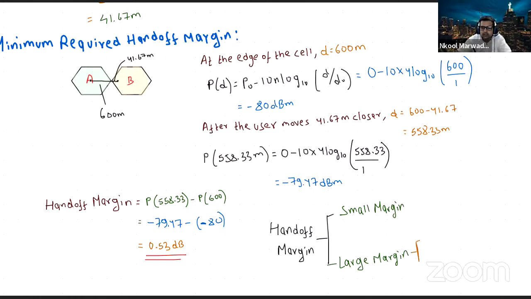The larger the margin, the more easily and efficiently the handoff will take place. So it is favorable for handoff. But on the other hand, since it is so favorable, we might have early handoffs, and early handoffs mean ping pong handoffs.